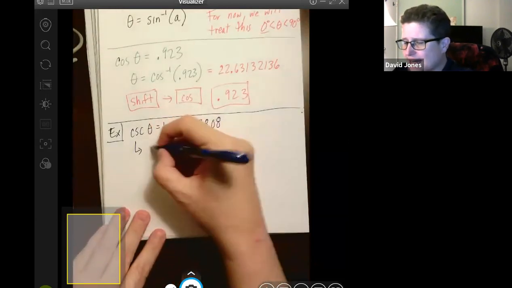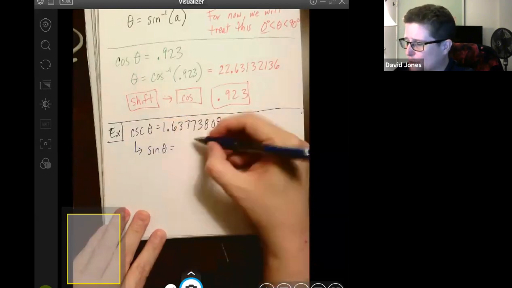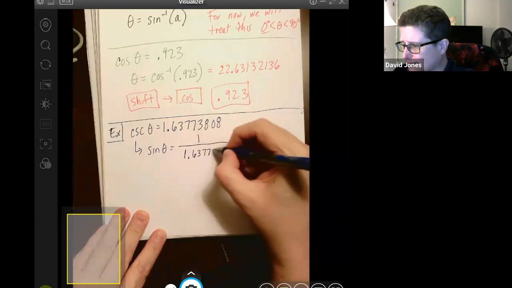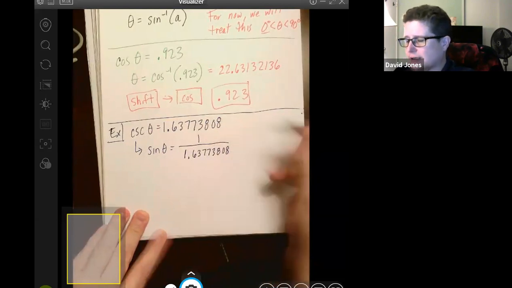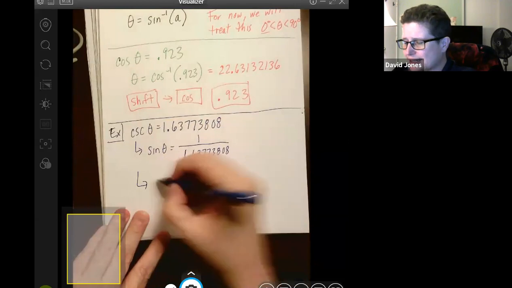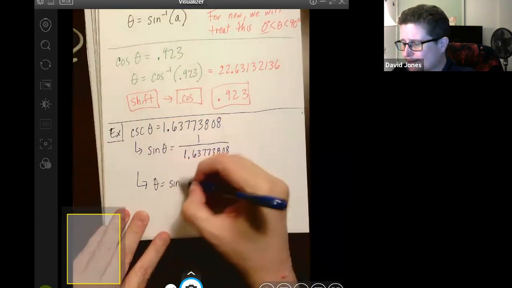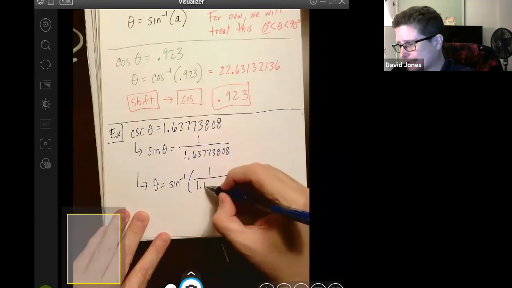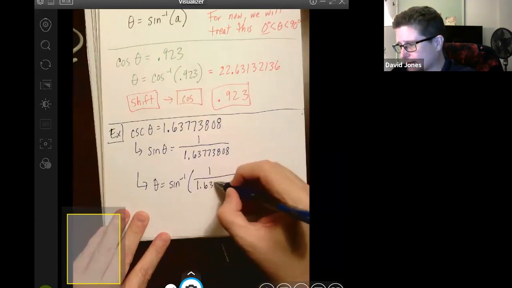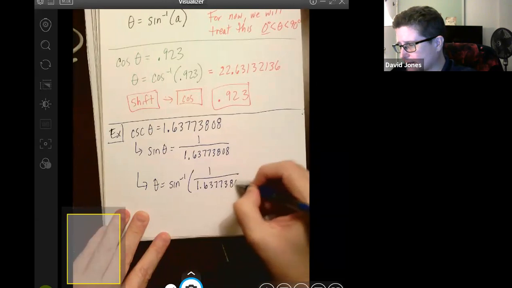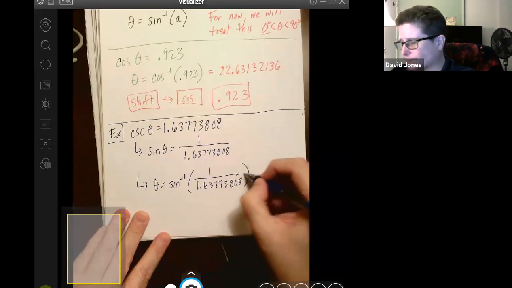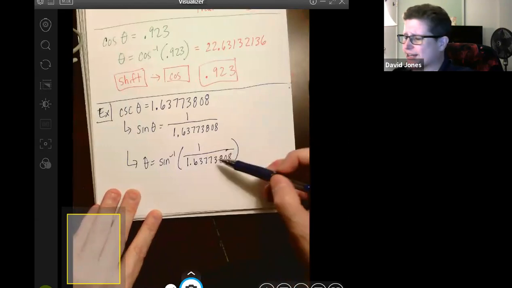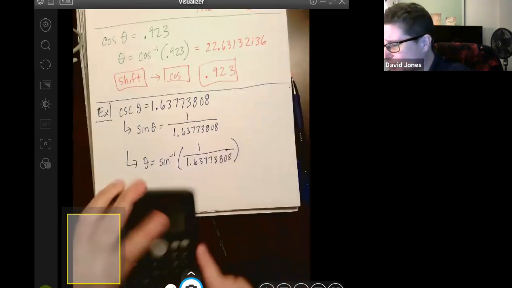This means sine of theta equals 1 over that, and this means theta equals sine inverse of that. You either want to do this operation first and then do sine inverse of the answer, or you got to use the parentheses key.